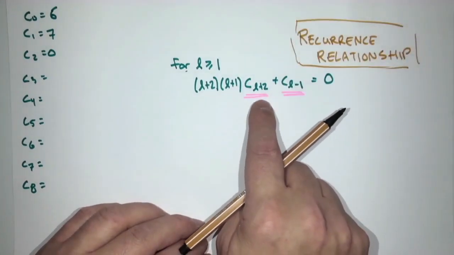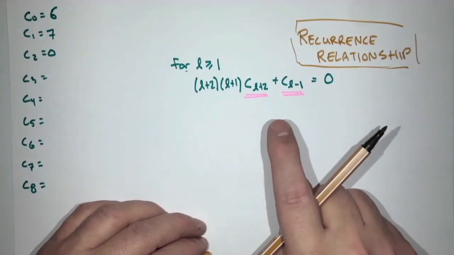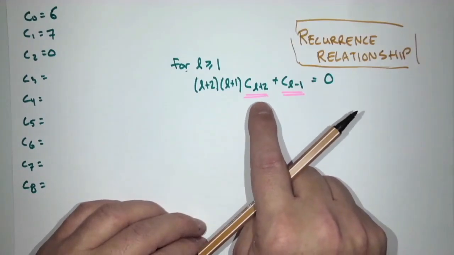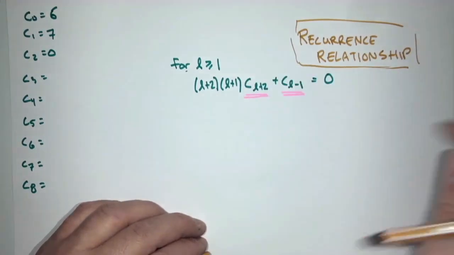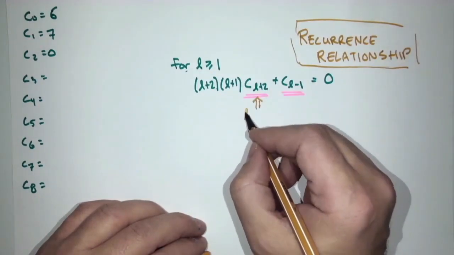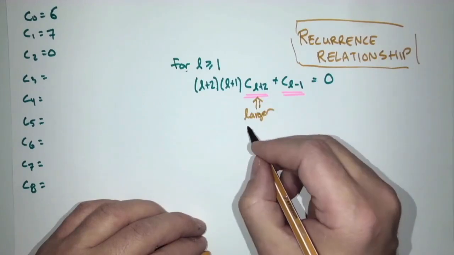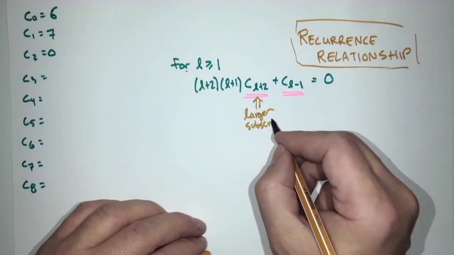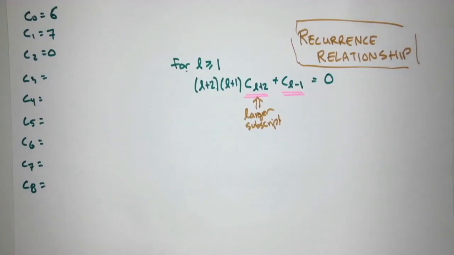Now, this is not the best way to write it. Ideally, you want to have something written in terms of smaller coefficients. Because this is the larger subscript, that says we want to solve for that one. So we want to have the larger subscript in terms of smaller subscripts.